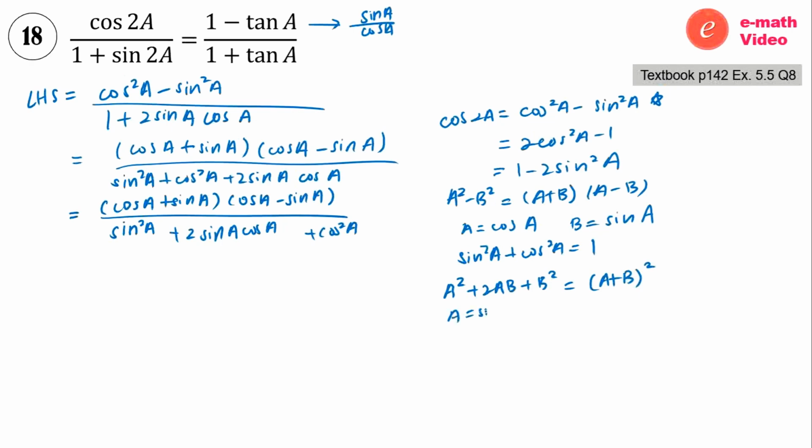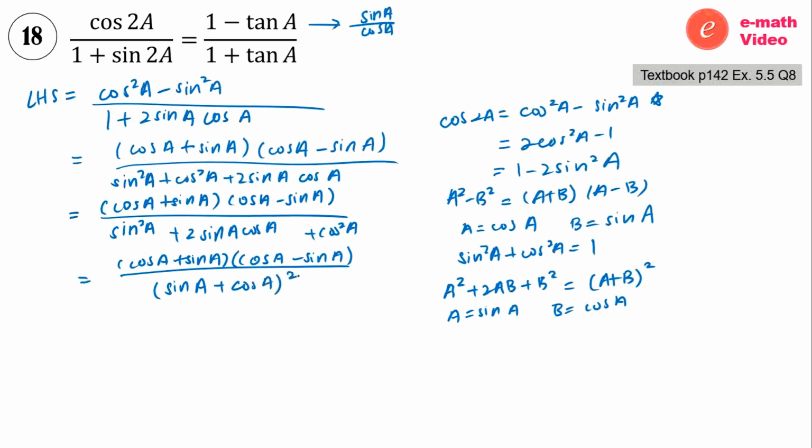And A is sine A, B is cos A. So we'll have cos A plus sine A, cos A minus sine A over bracket sine A plus cos A square. So that this term and this square can cancel. We'll end up having cos A minus sine A over sine A plus cos A.